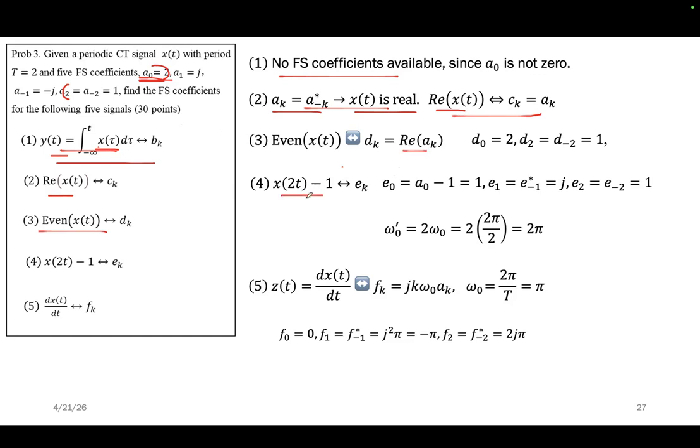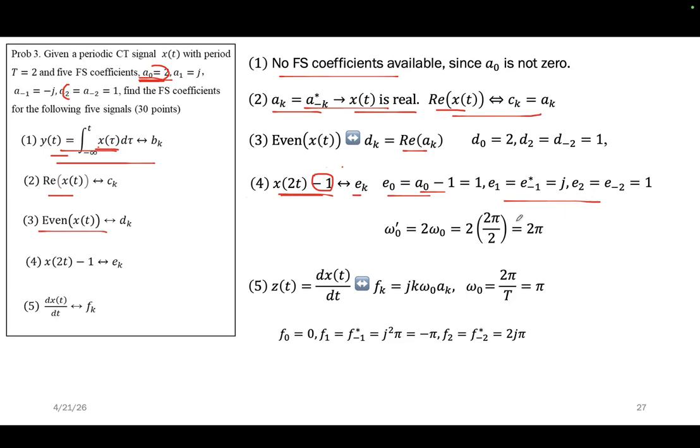This one, we talked about the scaling properties. It will not change the FS coefficient, but it will change A_k, or the e to the j k omega naught term. It will minus 1. This is 2 minus 1, which is 1. Am I right? Otherwise, other terms will not change.